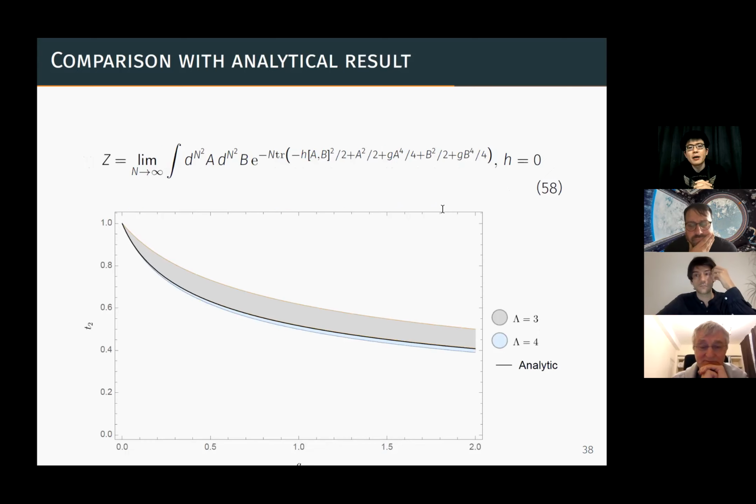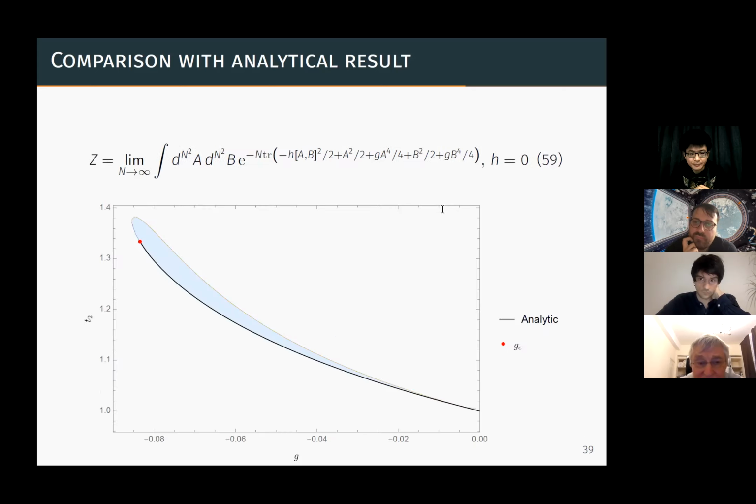We can also compare our numerical result with the analytical result. Here, the result is for h equals 0. This is actually nothing but two decoupled one-matrix models. We see that at lambda equals 4, the result is already almost indistinguishable from the analytical result.